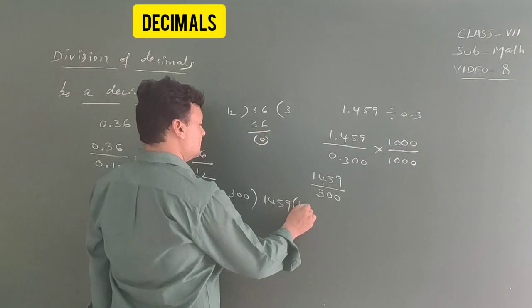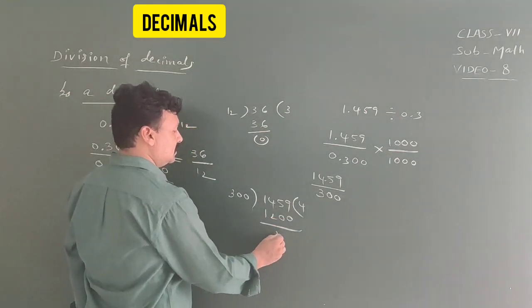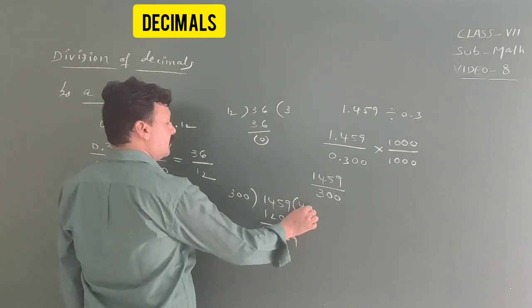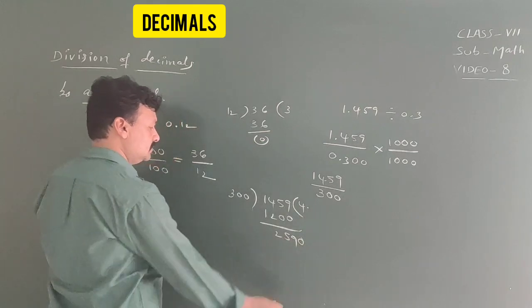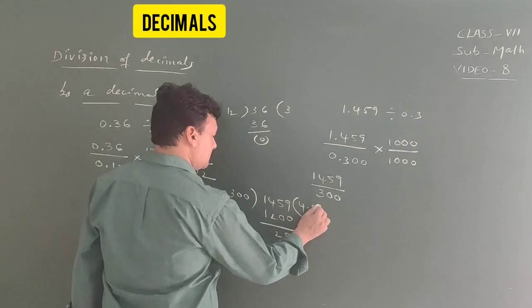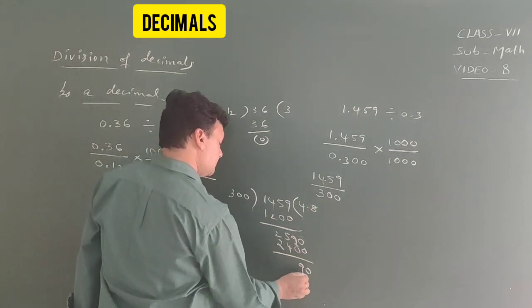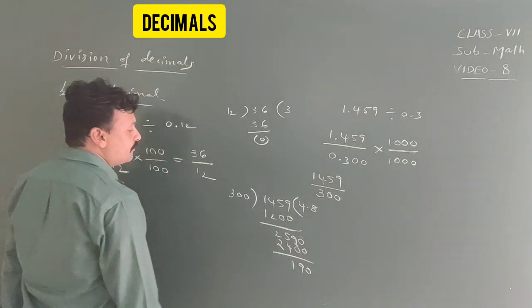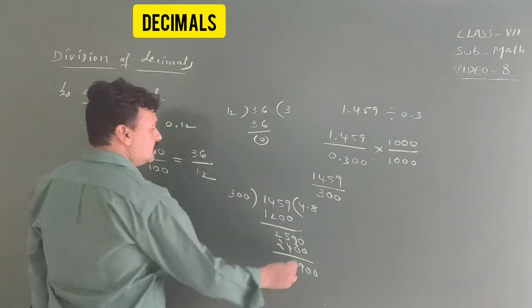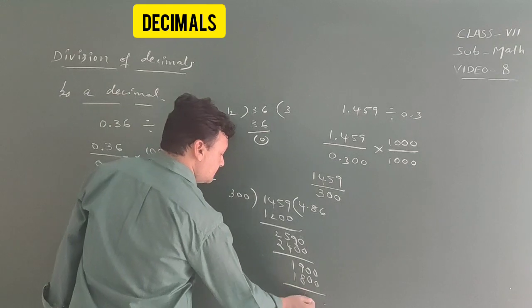So 4 3s are 12, 1200. 259. 8 3s are 24, 2400. Here 190. Put another 0. 6 3s are 18, 1800. 100.